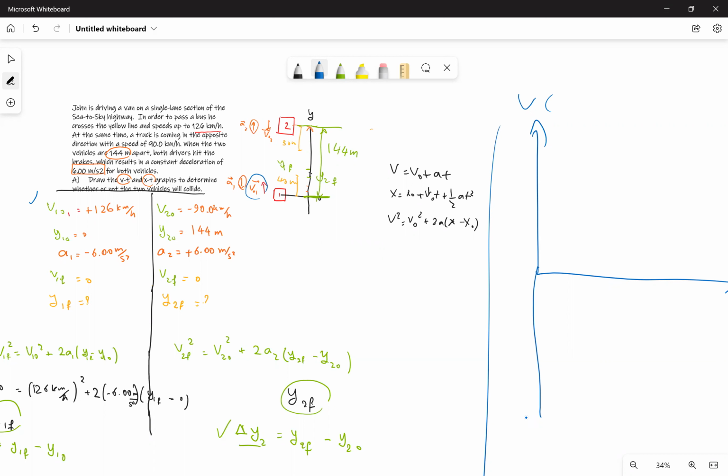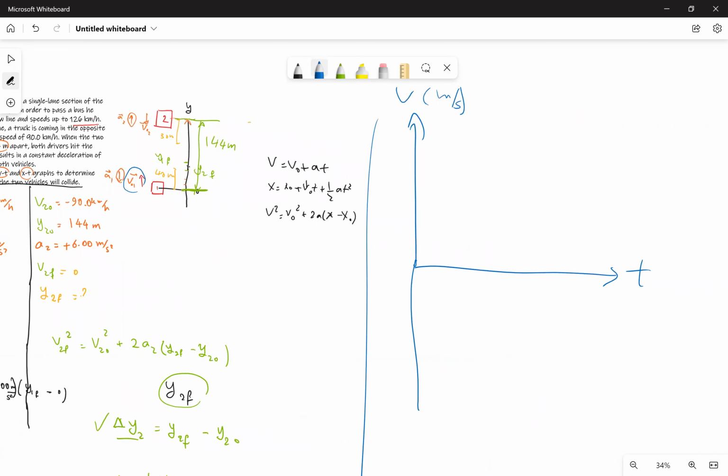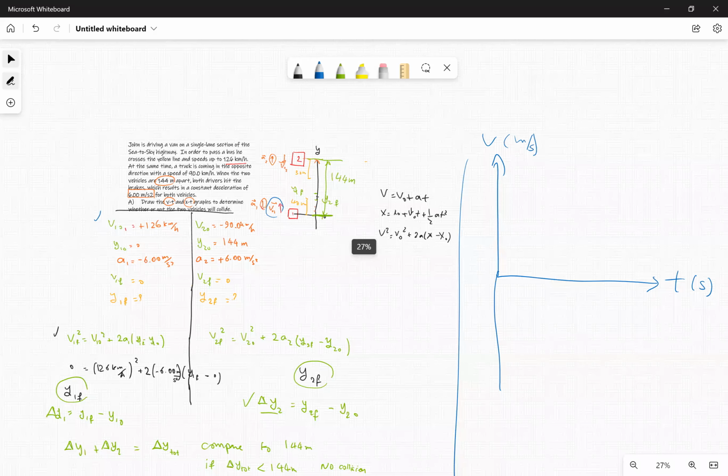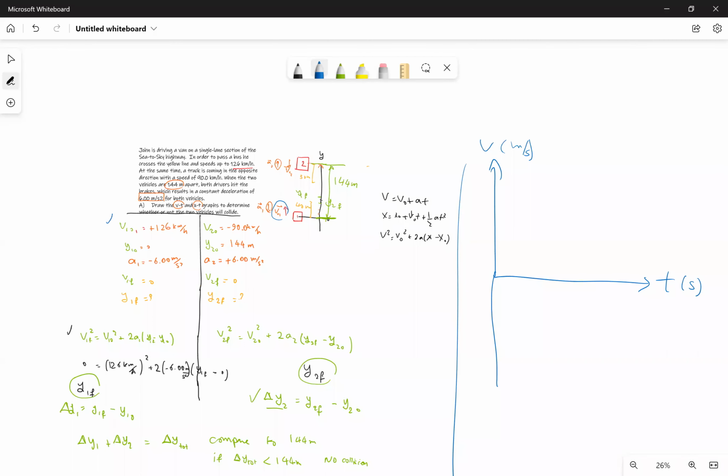Velocity is in meters per second, and t is in seconds. Always label your graphs with the right label and then in brackets the units. I'm just going to write v01, whatever number it is after you convert it to meters per second.